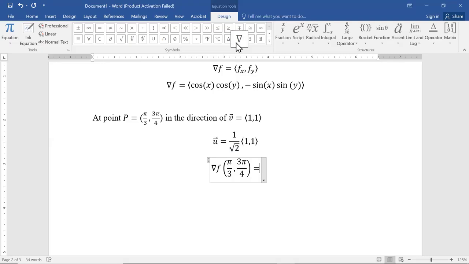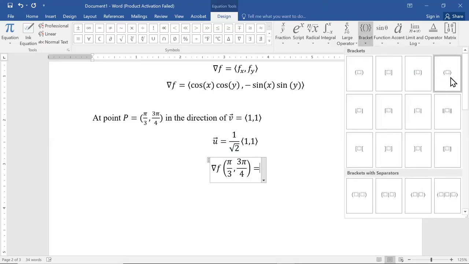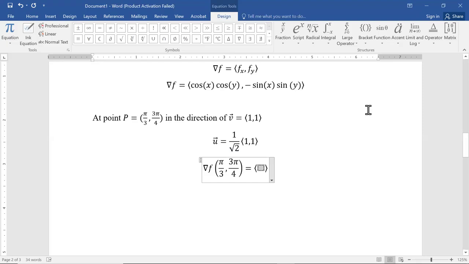Well, let me just go ahead and plug that into the gradient. So cosine of pi over 3, cosine of pi over 3 times cosine of 3 pi over 4.